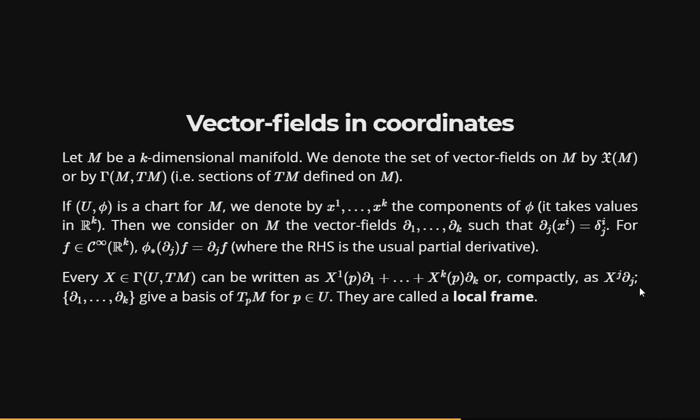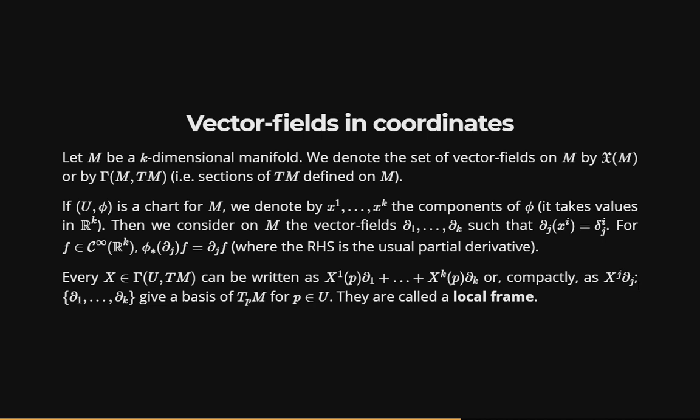What does it mean? The index is repeated, j and j, so it's understood that we are summing on that index. Anytime you see a repeated index, we understand a summation on that index. This is called Einstein notation. I'm sorry for that, but it's a thing.